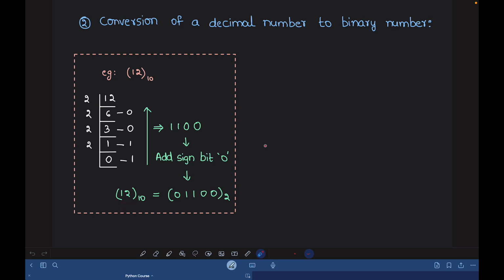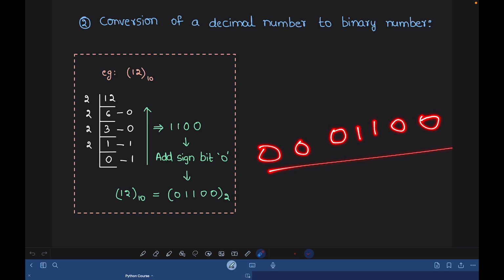All right. Now, one interesting thing we have to observe here is that 01100 is the 2's complement binary representation. Now, if you add more zeros on the left, even now, if you try to find the value of this binary number, it will still be 12. So when you take a positive integer, even if you extend by adding more zeros on the left, the value will still be the same.